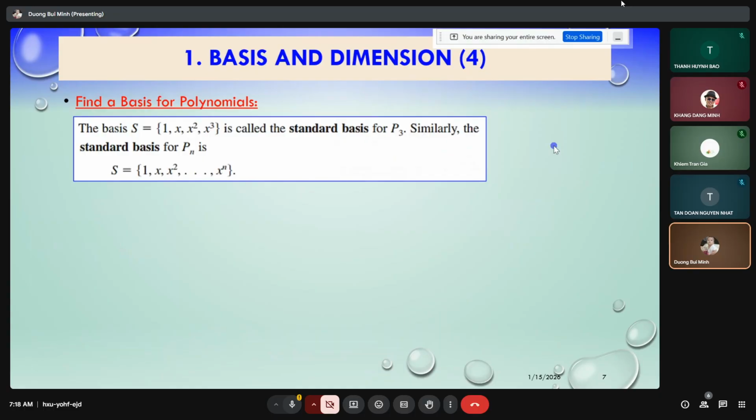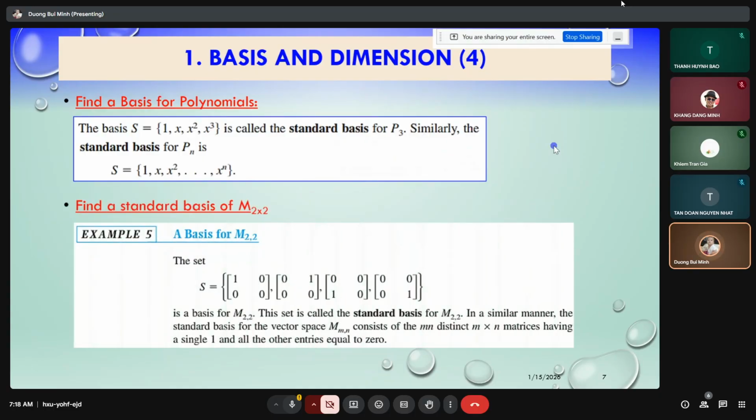Okay, so we have a basis for polynomials. The basis for the polynomials is here: 1, x, x squared, up to x^n. If we have b4, this one is the basis, right?